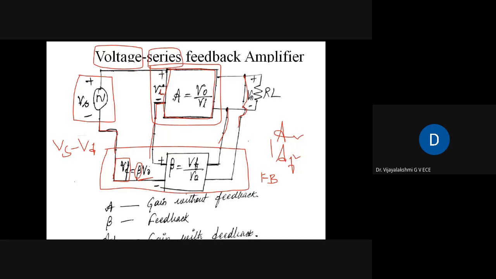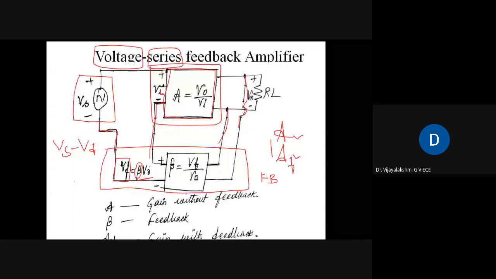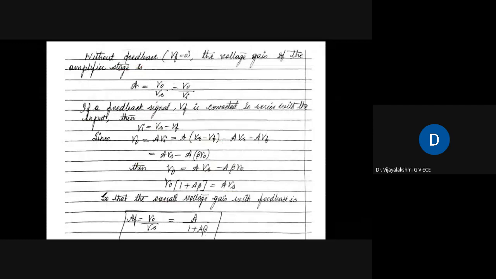Okay, so refer to this figure always. As I've indicated here, the gain of the amplifier is A, which is equal to V naught divided by Vi. Now, when there is no feedback, then Vf is equal to 0, right?